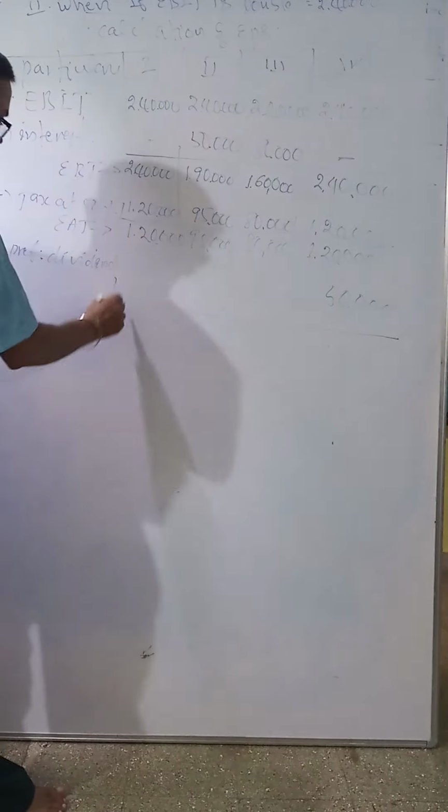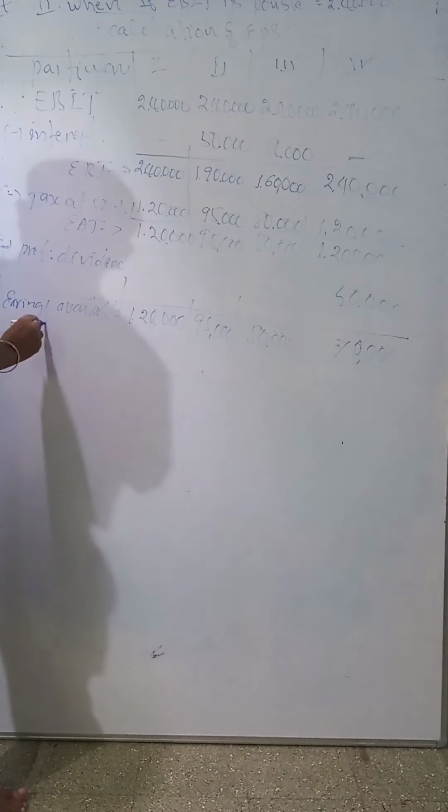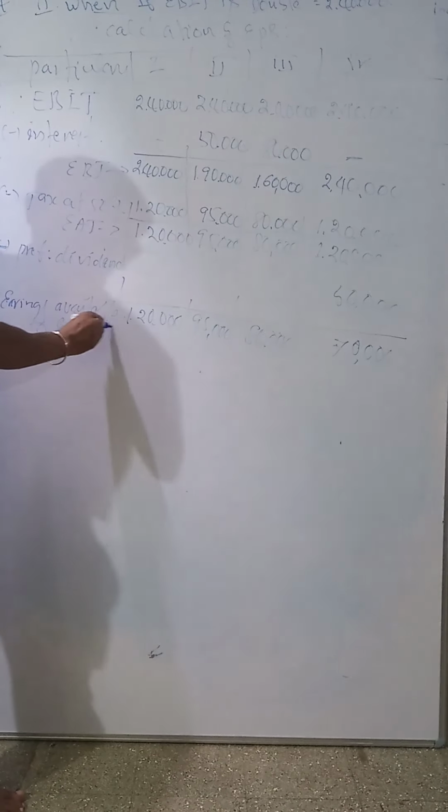So 1,20,000, this is 95,000, this is 80,000, this is 1,20,000. 1, 2, 3, 4. 70,000, this one is 70,000. This is called earnings available to equity shareholders.